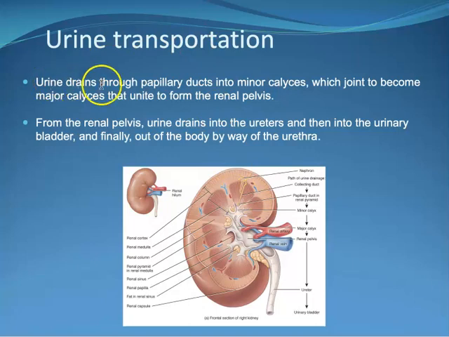Urine drains through the papillary ducts into minor calyces, which form major calyces, or calyx is just singular, that all come together at the renal pelvis, which then goes into the ureter, which then drains into the urinary bladder, and then finally, after being stored in the bladder for some small amount of time, it leaves the body via the urethra.